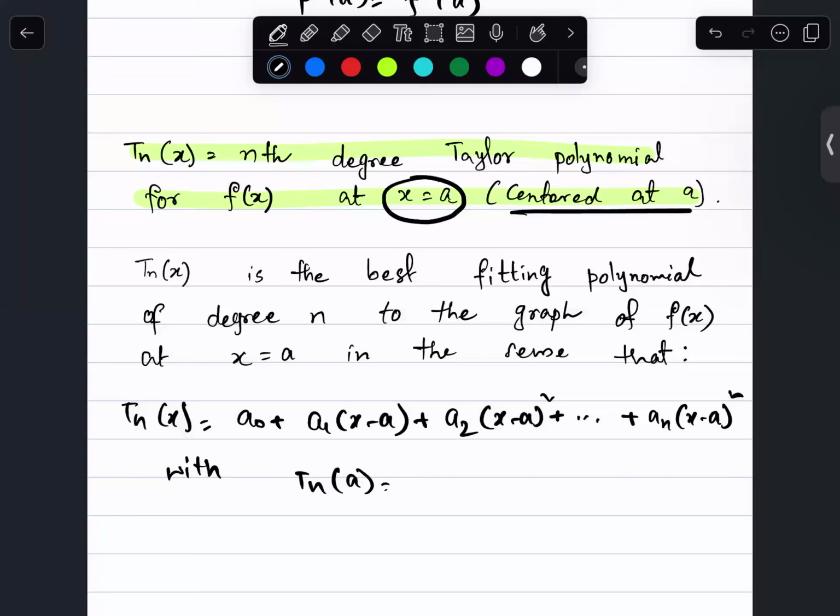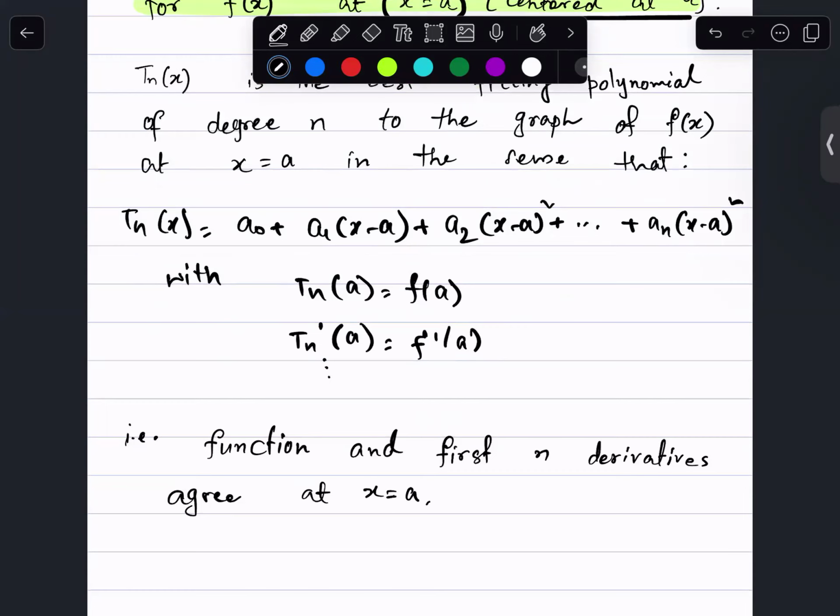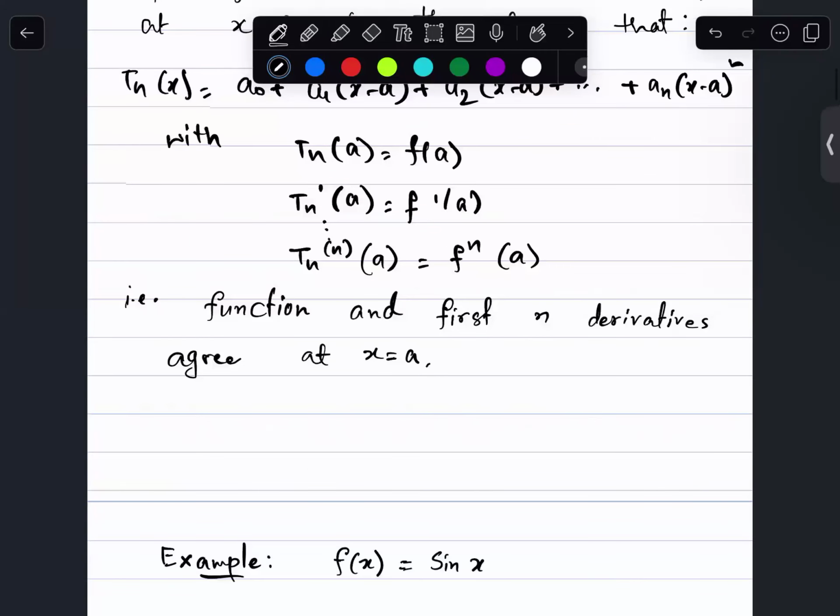T_n(a) should be f(a), T_n prime a should be f prime a, and so on. The nth derivative of T_n at a should be the nth derivative of f at a. That means the function and the first n derivatives agree at x equal to a.